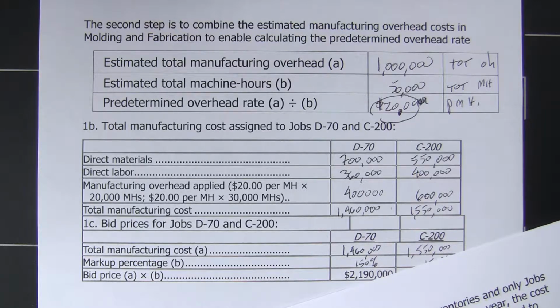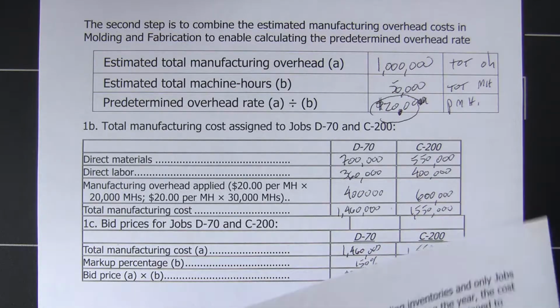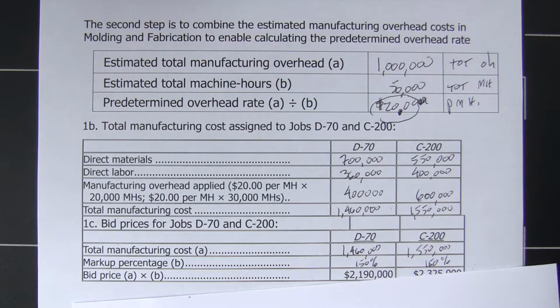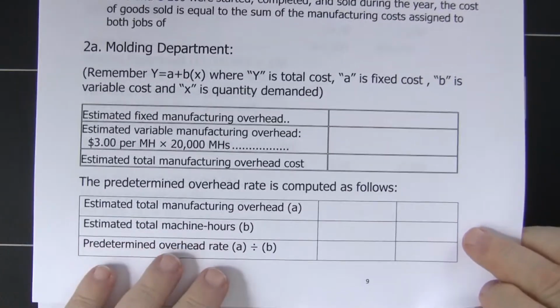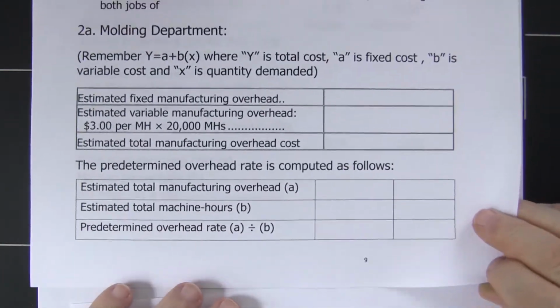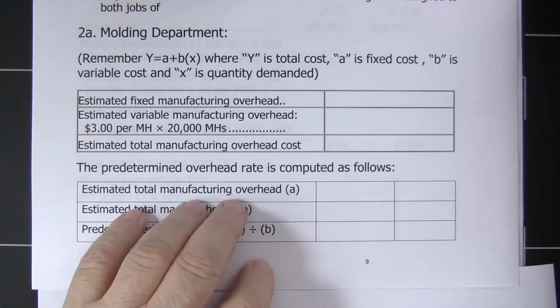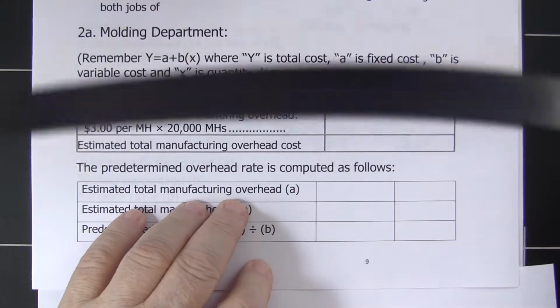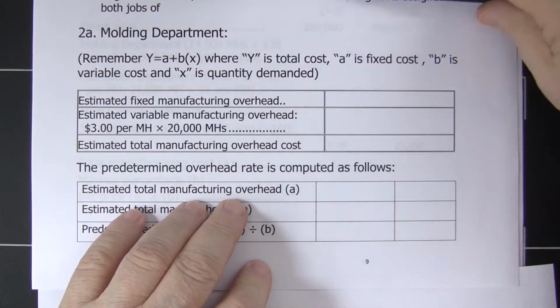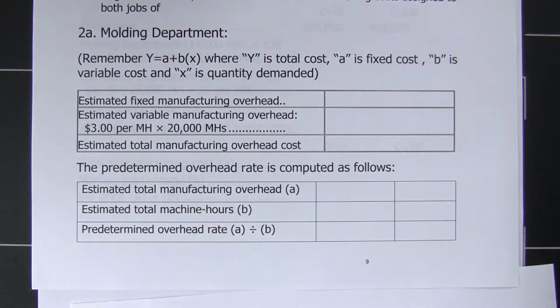This method that we're doing now for Part 2 says, well, there really is a better way to do this. What we're going to do is do it by department. So we're going to have one set of costs for overhead for the molding department and a separate one for the fabrication department.